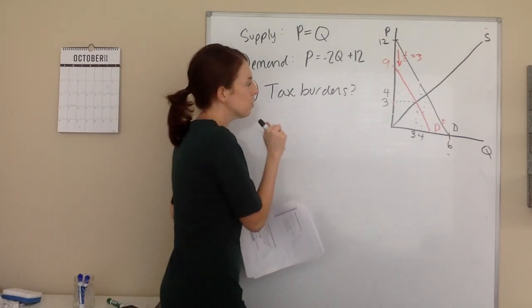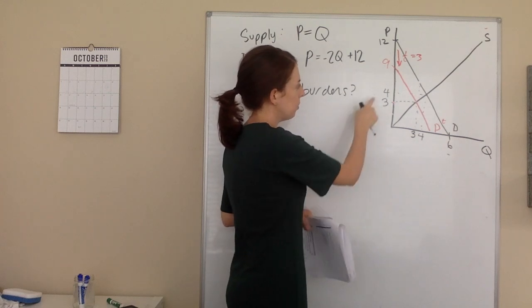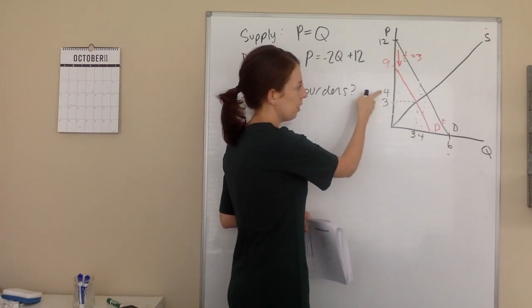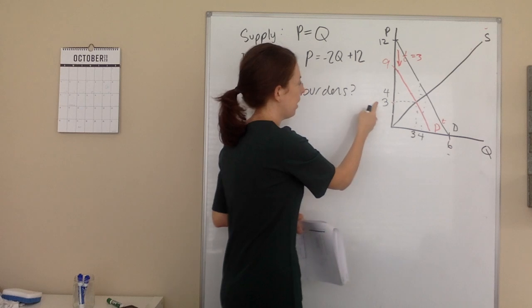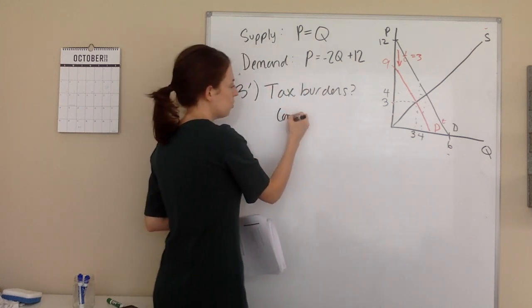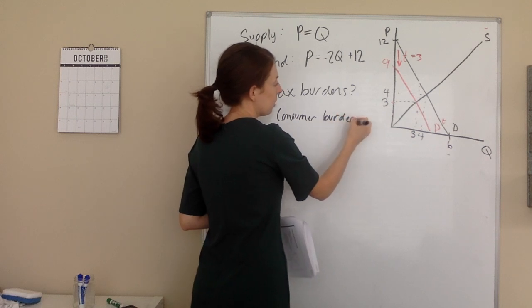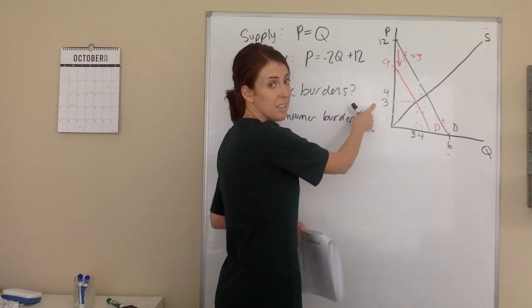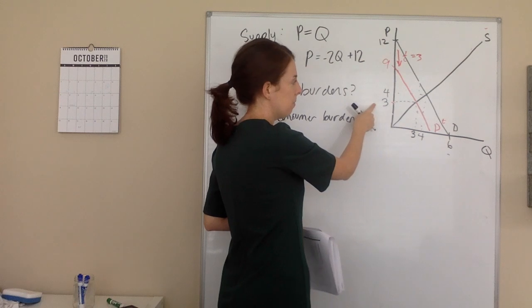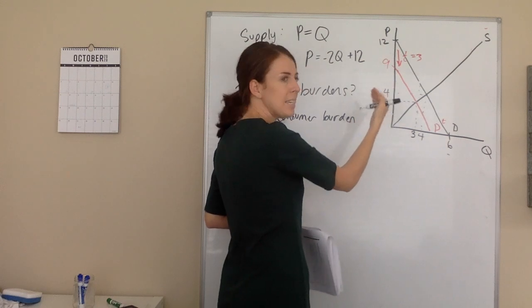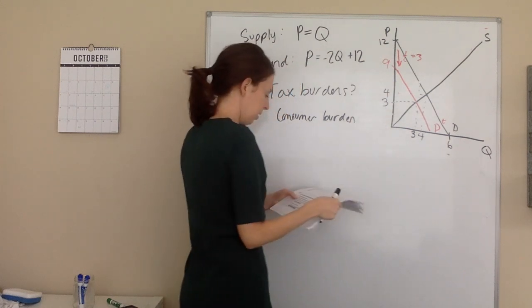Okay, so consumers, you're out at the store. Before the tax, you used to pay $4 per item. Now you're going to have to pay $3 per item. So the consumer burden, first of all, has to incorporate the fact that they're actually paying less at the register. The pre-tax amount is actually less than it was before.